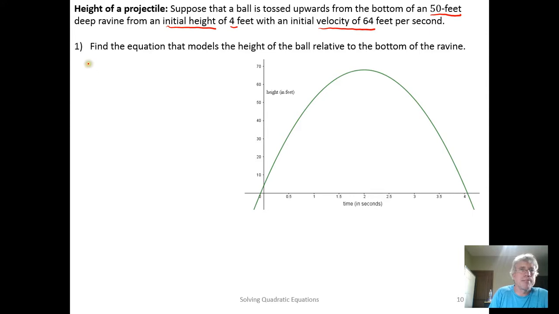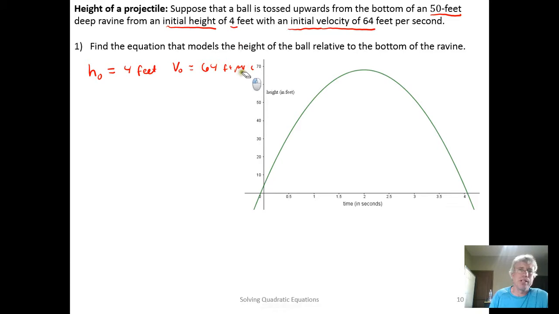Initial height, that's my h naught. H sub 0 represents time equal to 0. Initial height of 4 feet. And initial velocity, that's v naught. Velocity at time 0, or v naught, is equal to 64 feet per second.